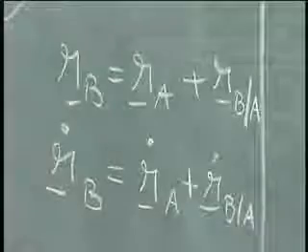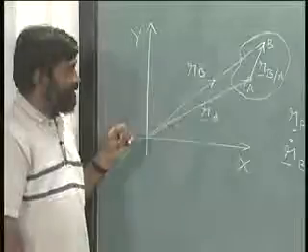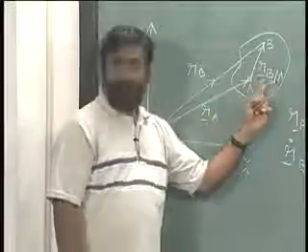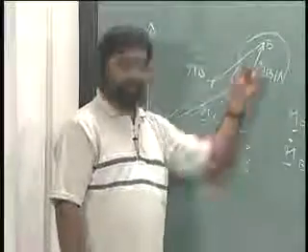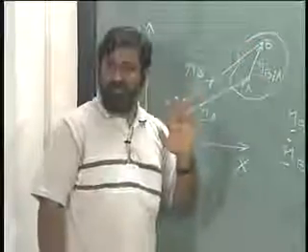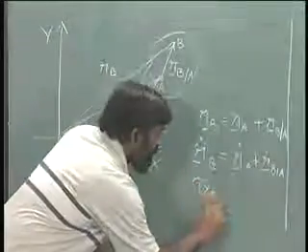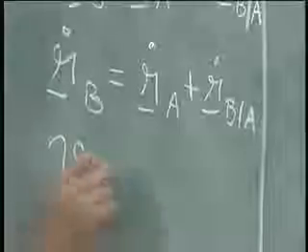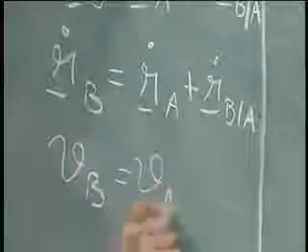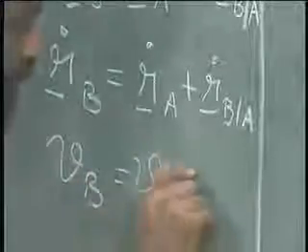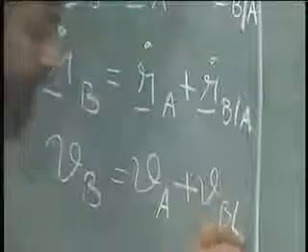R a is defined with respect to this, whereas R b with respect to a is a relative position, alright. And therefore, with these two there is no problem. With respect to the fixed frame, this will be the velocity of b, this will be the velocity of a, and this will be the velocity of b with respect to a.